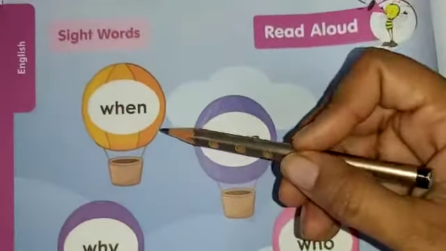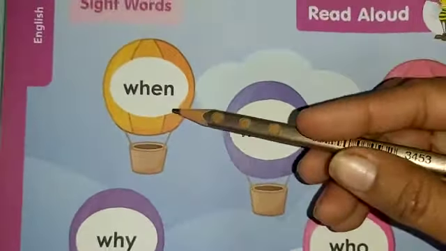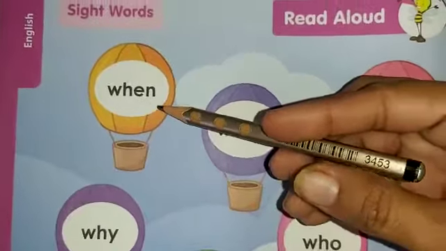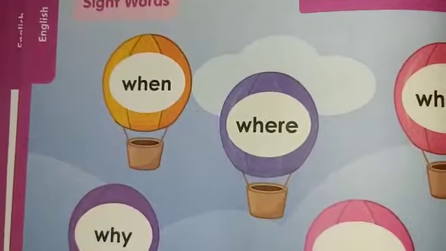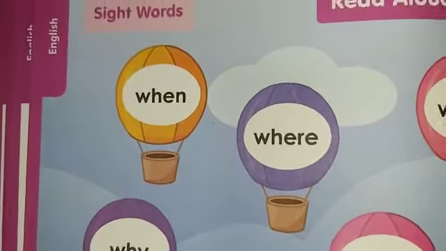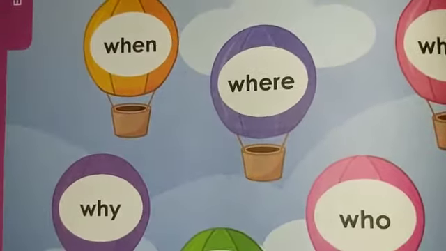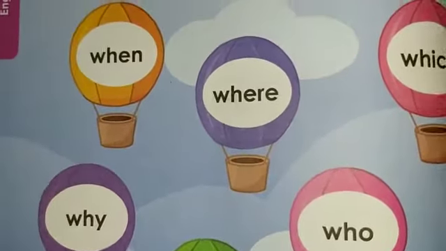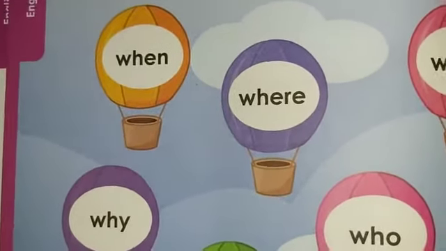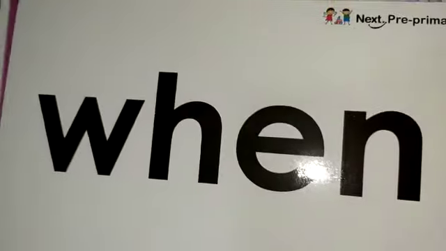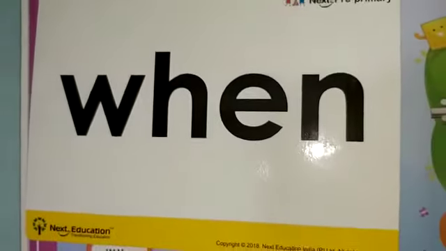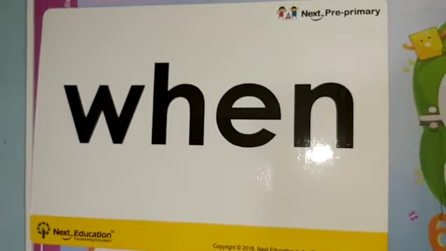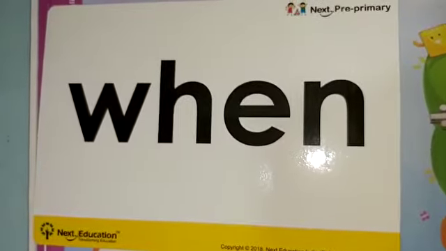What do you see over here? What is the first word given over here? When. W-H-E-N, when. So, we are going to revise these words about how we can use these words. Okay? So, here is the card for when. Now, let me tell you a sentence, then you will be able to understand how can you use this word when.